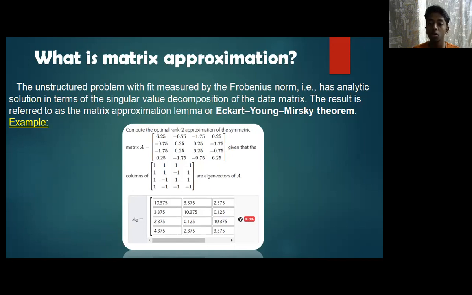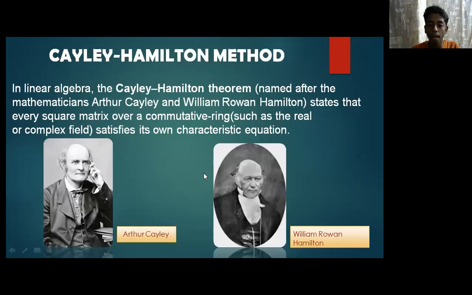So there are two theorems for the matrix approximation, which are the lemma or Eckart-Young-Mirsky theorem, and the Frobenius norm. This is how we do the matrix approximation. So let's go to the next slide.